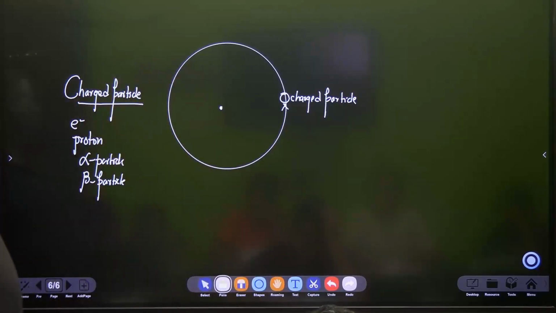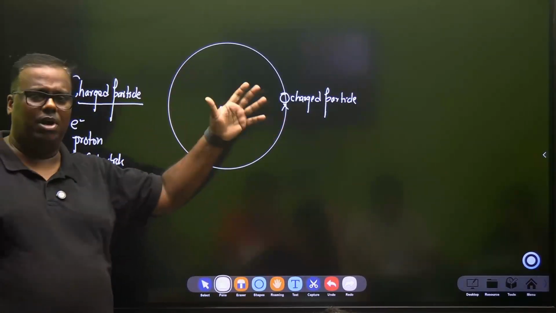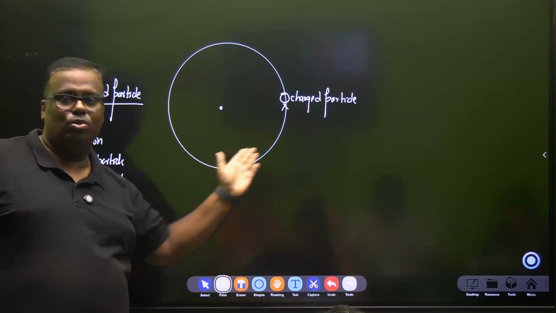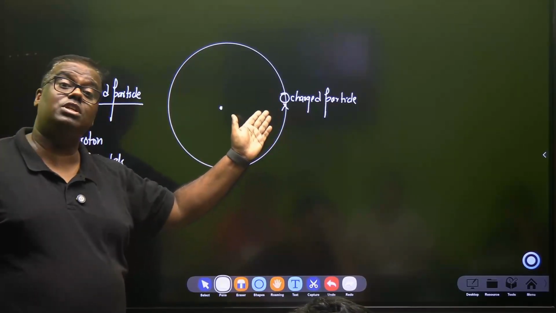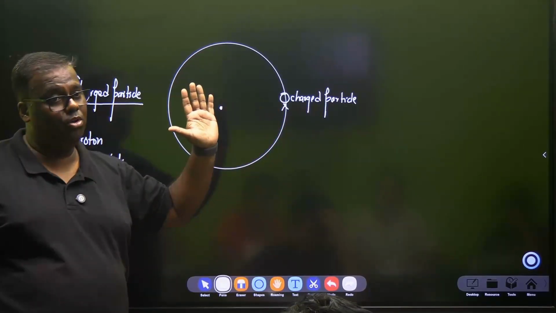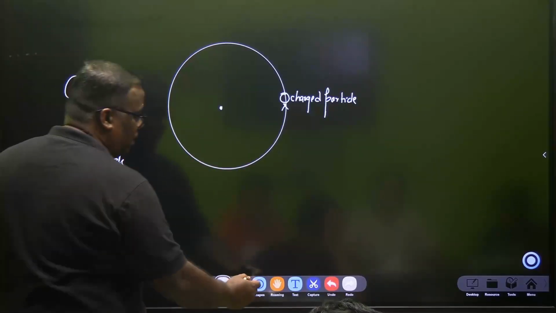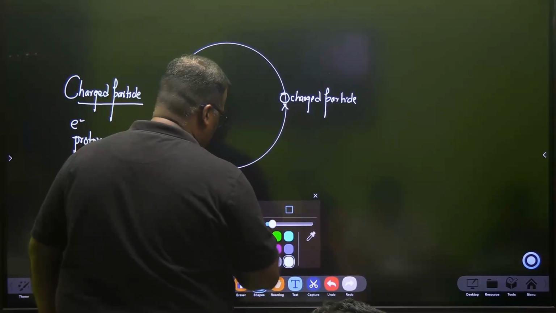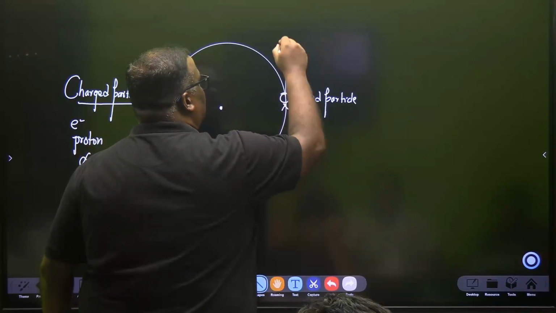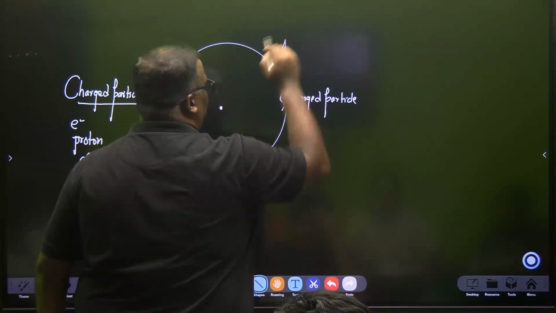If a charged particle or any particle undergoes circular motion, it is accelerated motion. Do you agree or not? Because the velocity is every time changing, right? Though the magnitude is not changing, what is the direction of velocity? This is the direction of velocity.